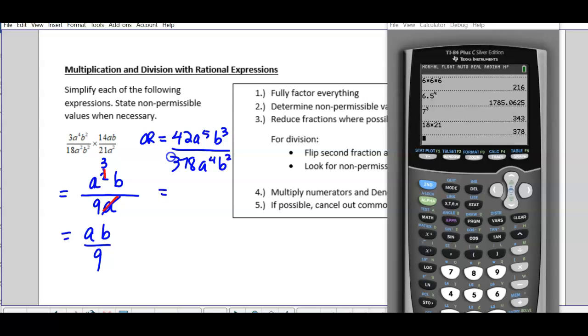And then the greatest common factor there is going to be 42, I think. 378 divided by 42 is 9. So that goes into itself once, into this 9 times. And then you can see that you have 9 left here. A to the 5th divided by a to the 4th is a. B cubed divided by b squared is b. Okay, so either way.